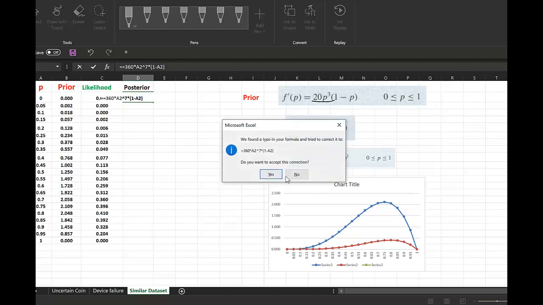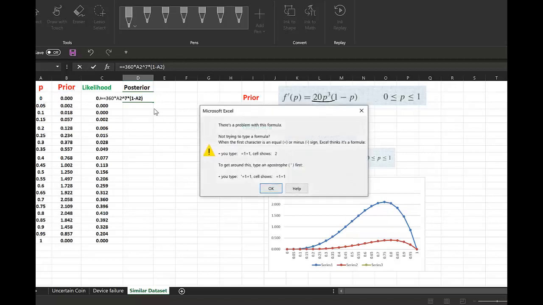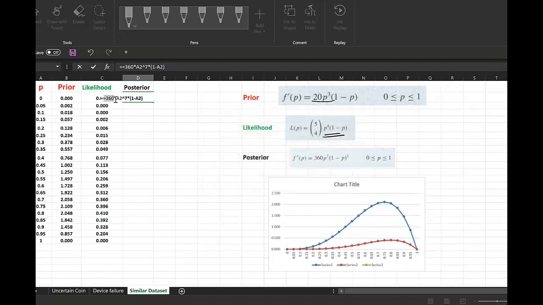So this is equal to 360 times A2 to the power 7 into (1 minus A2), squared. Basically we have (1 minus p) squared, so let's revise this formula.